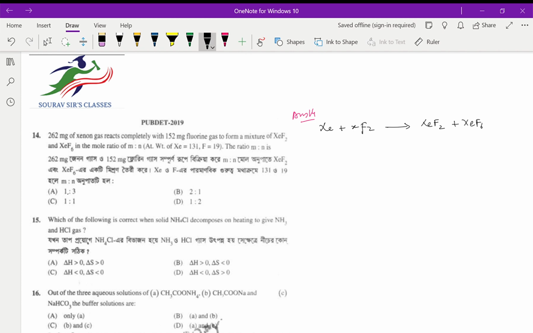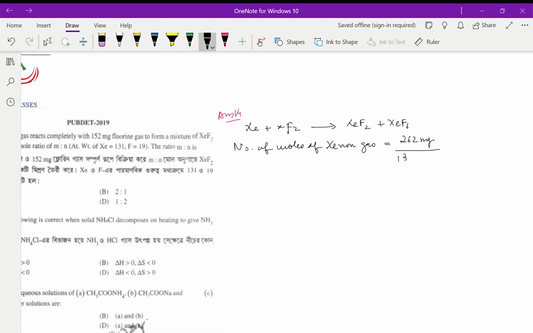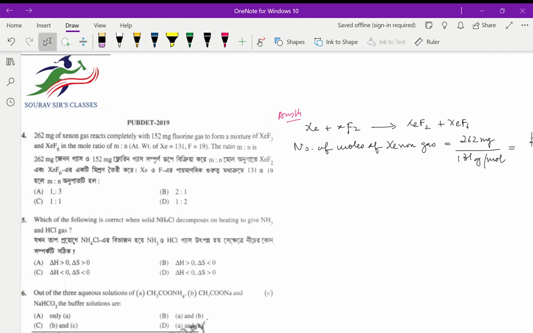So let's first calculate the number of moles of xenon gas, and for that we will use the given weight, which is 262 milligram divided by 131 gram per mole. That means it will be equal to 2 millimole.